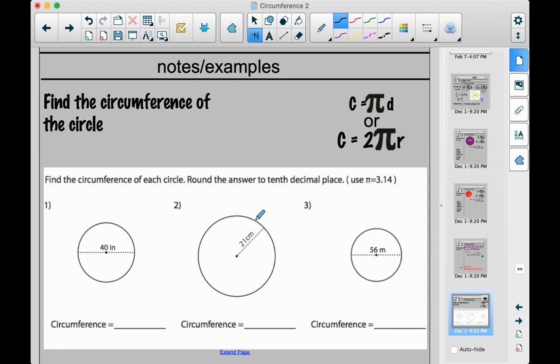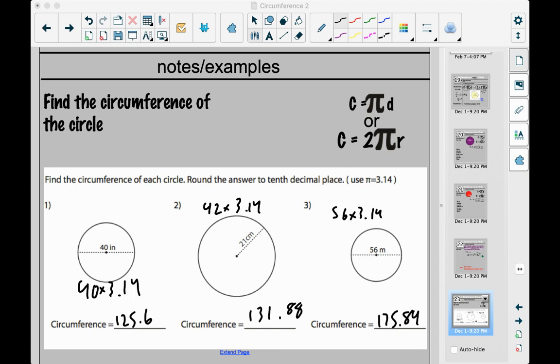All right. So why don't you try these 3? I'm going to pause it here, see what you can do, and then we'll resume and see how you did. All right, welcome back. Hopefully these are the answers you got. I didn't have much room, so I didn't write the units, but it should be the same as this.